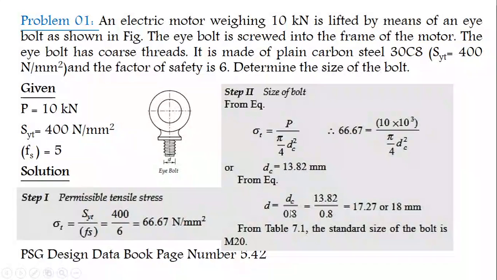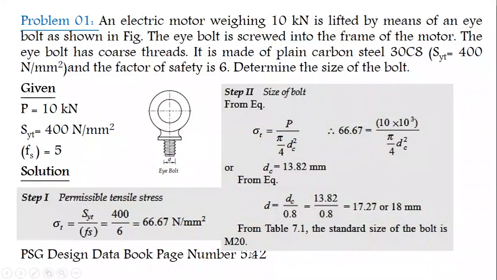From equation 3, dc equal to 0.8 d, as we discussed in the previous video. Applying the dc value, 13.82 divided by 0.8, the major diameter D is 17.27, say 18 millimeter.